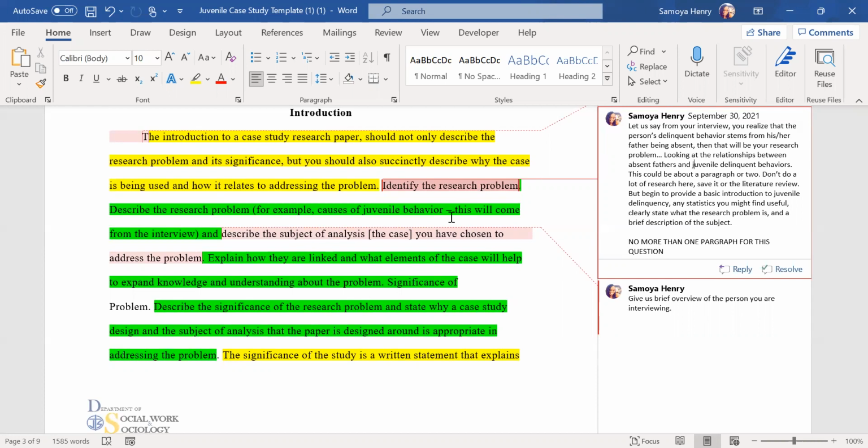So from my comment that I wrote, let us say you interviewed someone, an adult, okay? And you realize from the interview that they were saying that the minute their father left them, that's when all of the behavior started.